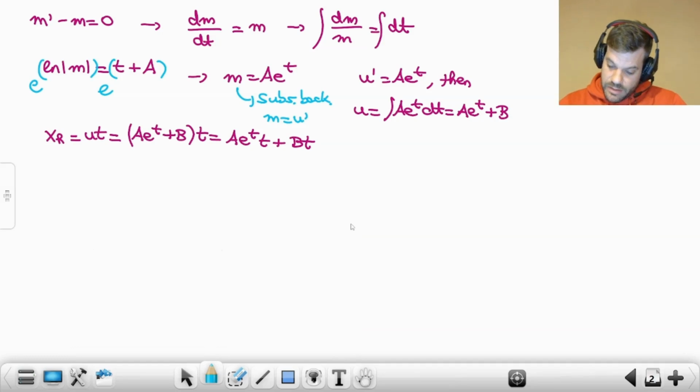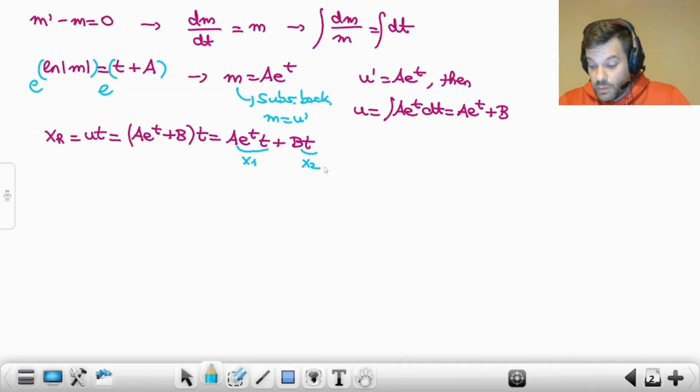So here we have two linearly independent contributions. This is x1 and t is x2. It appears naturally. It was part of the initial information. Remember, verify x equals t as one of the homogeneous solutions. And here we have it. t is one of the independent homogeneous contributions.